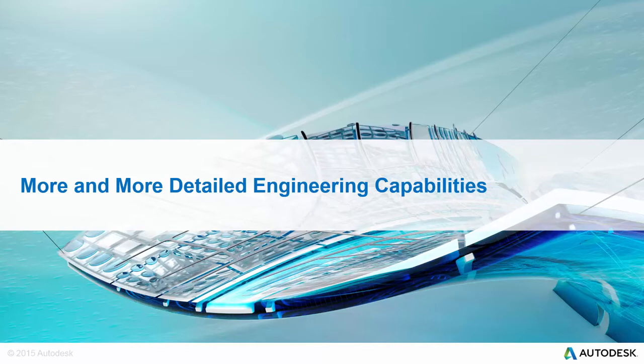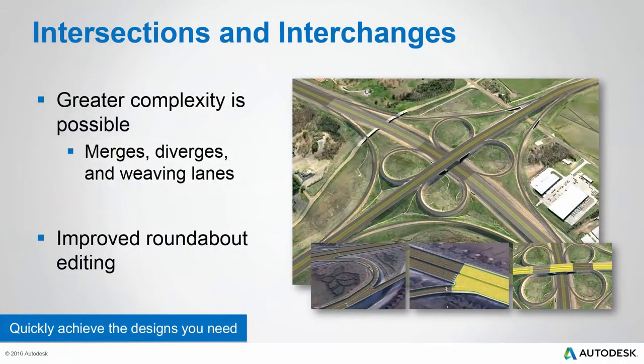Now let's discuss the topic of more and more detailed engineering capabilities. As you know, InfraWorks 360 has developed with each new release in its ability to create more complex and engineering-related designs. This release is no exception. When you design things like complex interchanges, you're going to find that greater complexity is possible, especially when designing merges and diverges and weaving lanes.